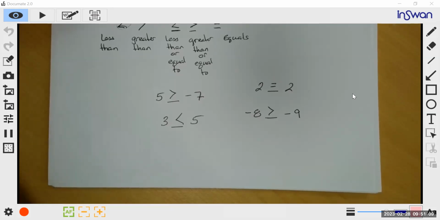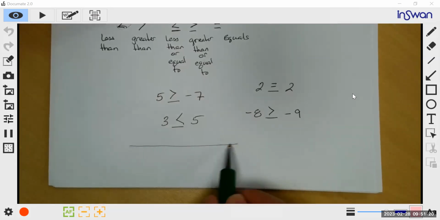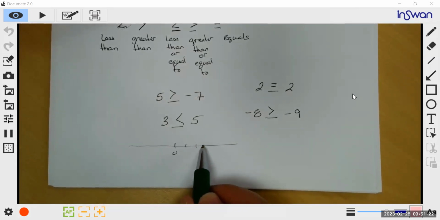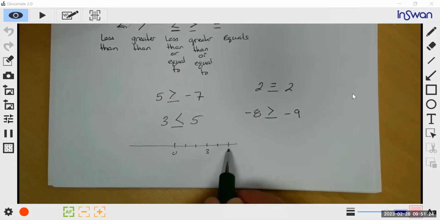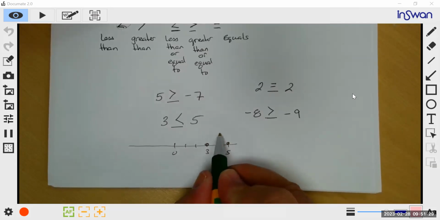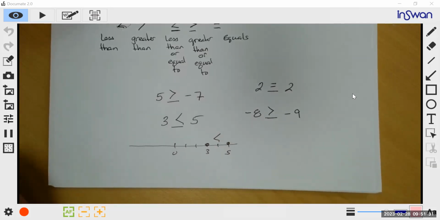How do we know 3 is less than 5? Exactly. That's exactly right. Three is here, 5 is here, and it points to the smaller one.